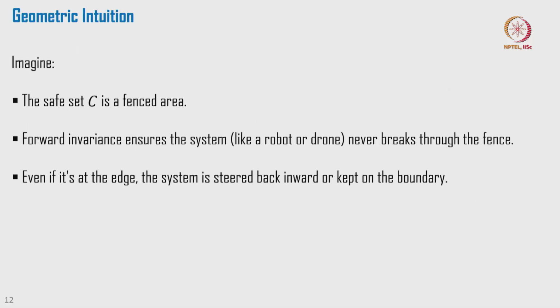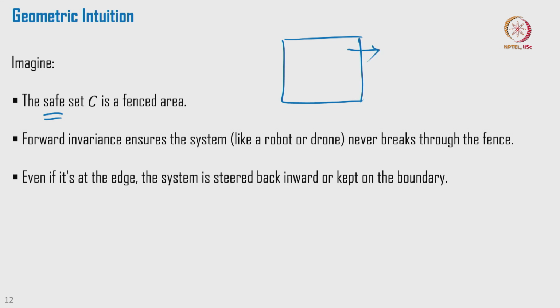Okay, what is the geometric intuition? If you imagine the safe set C, safe we are telling, safe set C is in a fenced area, okay. Forward invariance ensures the system, like a robot or drone, never breaks through the fence, so it should not go out.